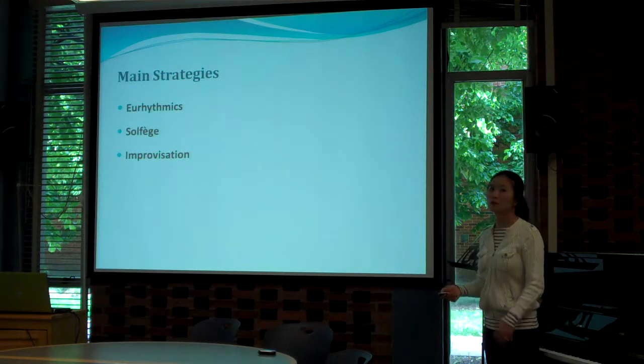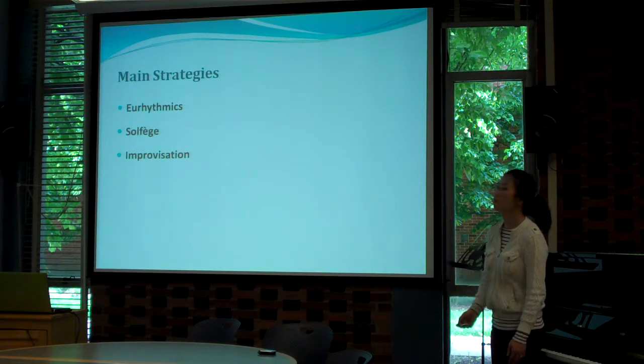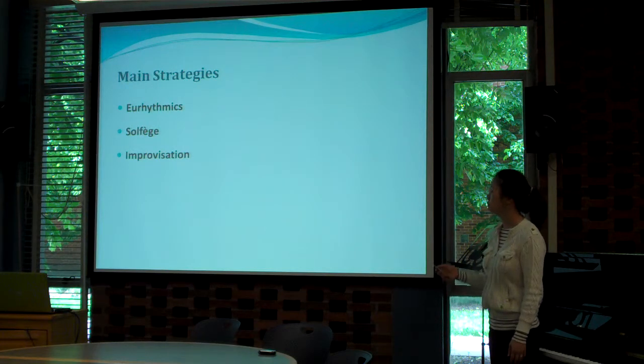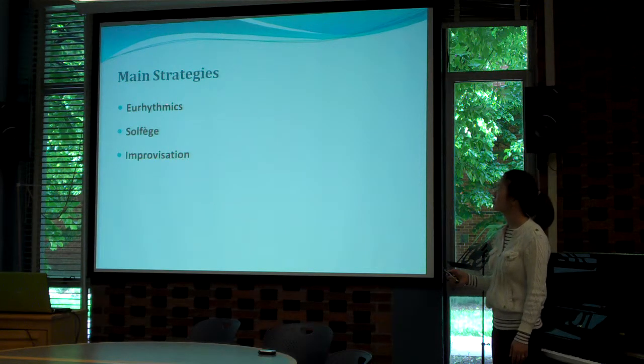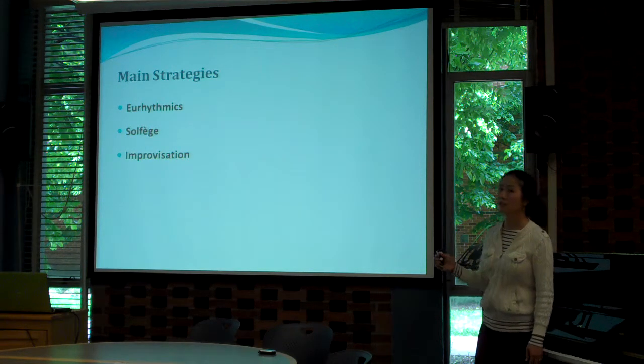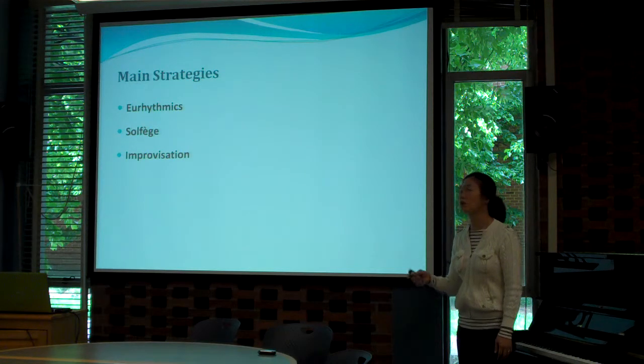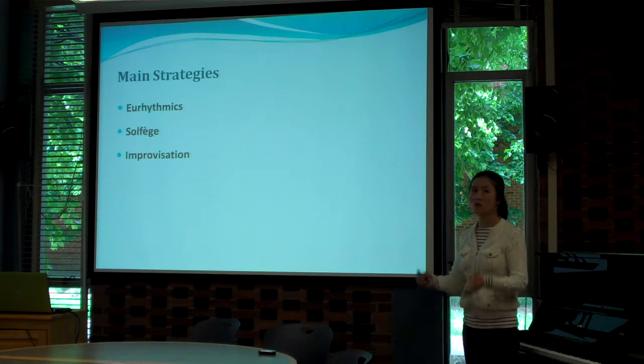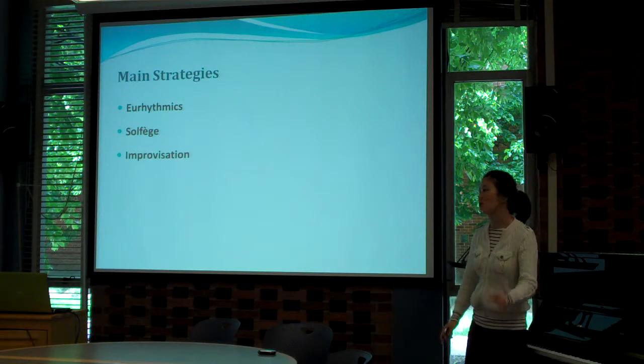Now I'd like to introduce the main strategies of the Dalcroze approach. There are eurhythmics, solfege, and improvisation. Although eurhythmics is the representative word of the Dalcroze approach, it is only one of the strategies he used.